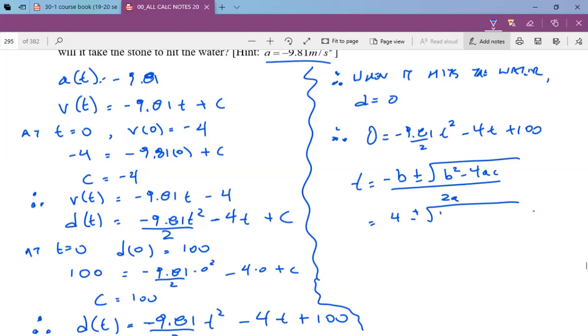Negative 4 squared is 16 minus 4 times negative 9.81 over 2 times c, which is 100, all over 2 times a. When we simplify that, we're going to get two different answers. We'll get a negative one that's extraneous. We're interested in the positive one. We get 4.13 seconds.